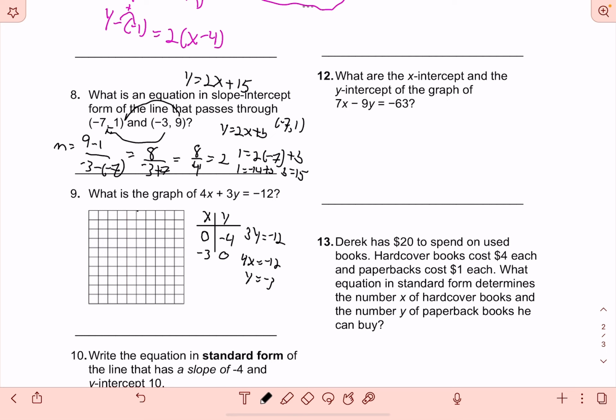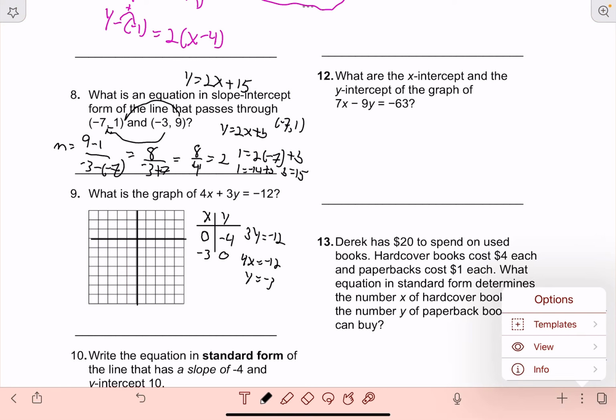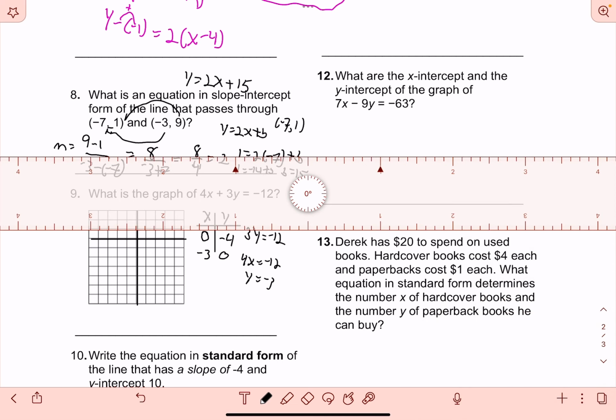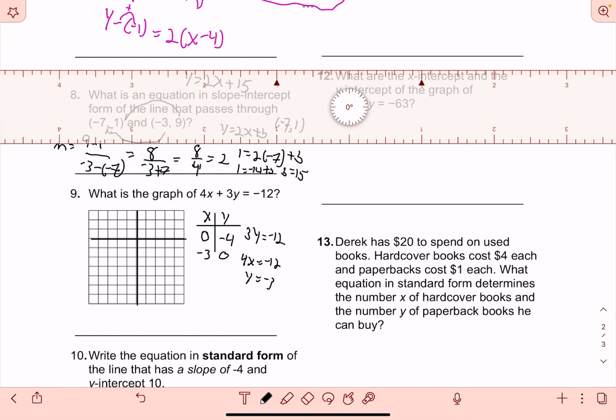So I'm going to draw my axes. Okay, there's my y. I would use a ruler for this. Matter of fact, I do have a ruler right there. This is y, that's x. 0, 4, 1, 2, 3, 4 is right there. 3, 1, 2, 3, 0 is right there.